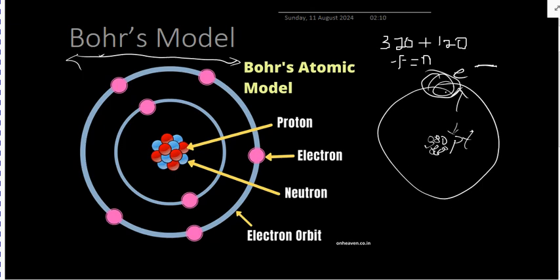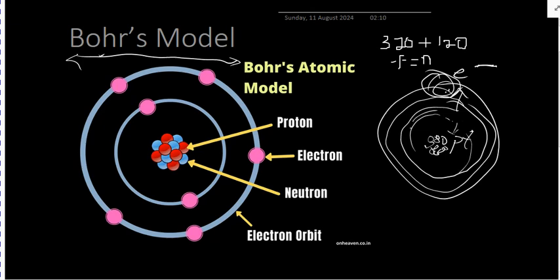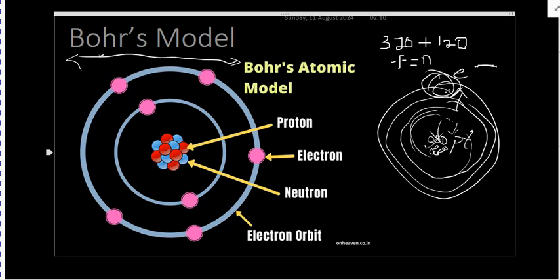It will keep on being pulled towards the nucleus. The energy will reduce to the point where it disappears into the nucleus. But that is not what is actually seen in terms of electron.